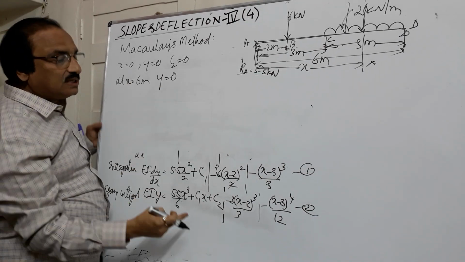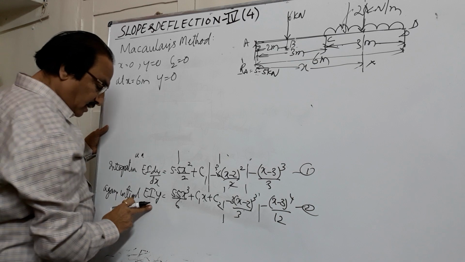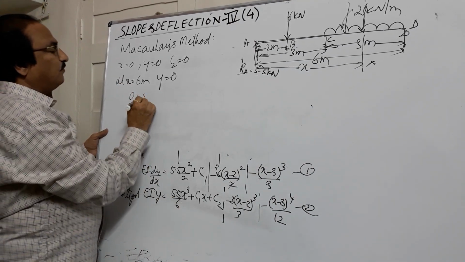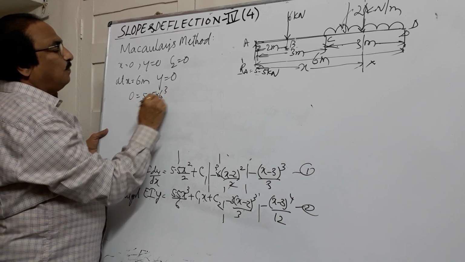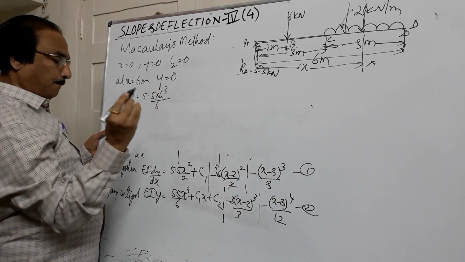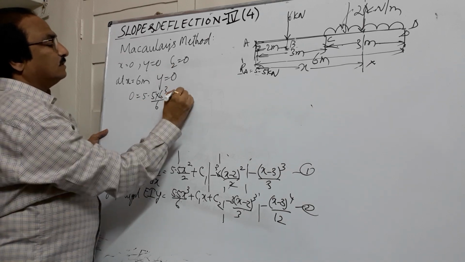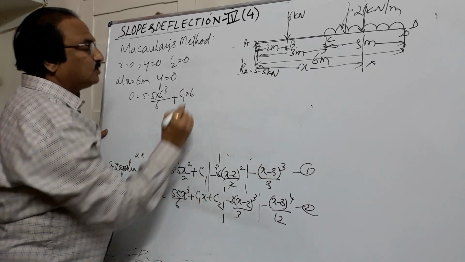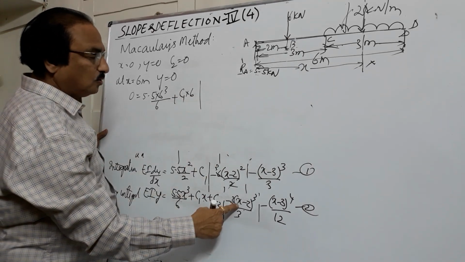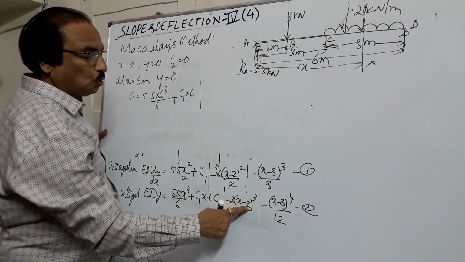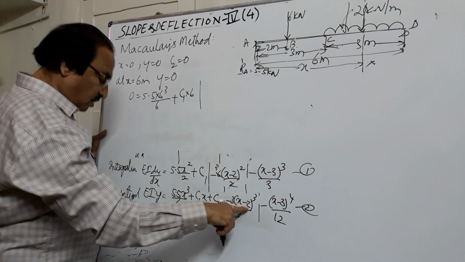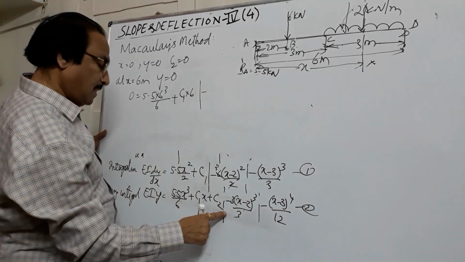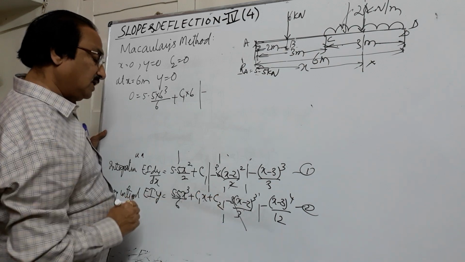Substituting this in the equation for deflection, you get 0 is equal to 5.5 into 6 cube by 6 plus C1 into 6, C2 is 0, then minus 3 into 6 minus 2 cubed by 3. The 3 gets cancelled.